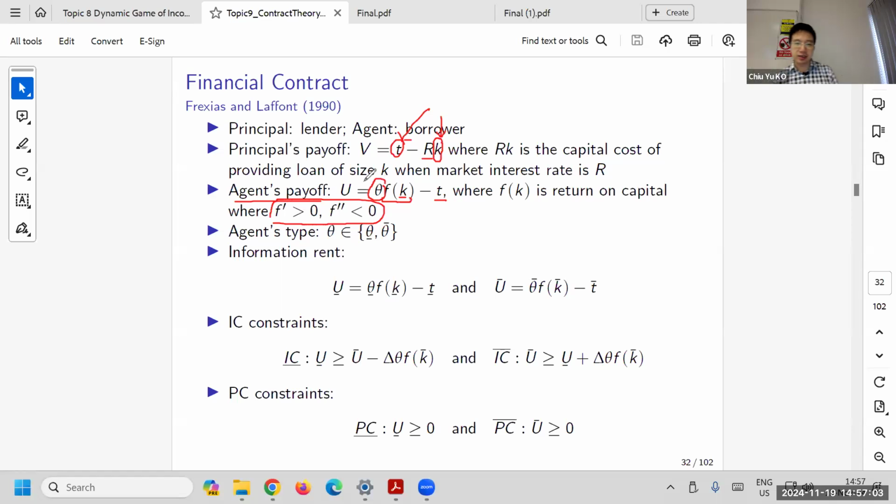And you can see that with the two types, it is the same as what we have seen, just the outsourcing problem. Decide how much you are going to ask the outsider to produce, and how much payment you're going to make to them, but it's just reversed. Same idea there. Then you have the same information rent, the same IC curve and PC curve.